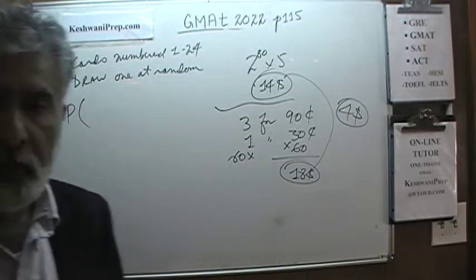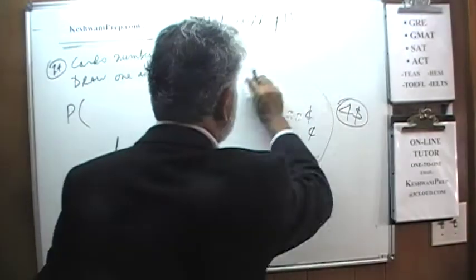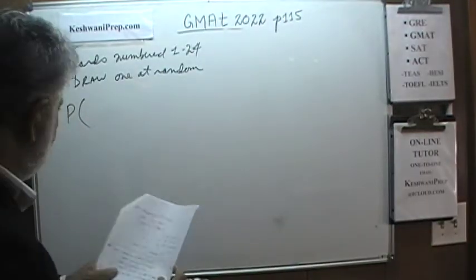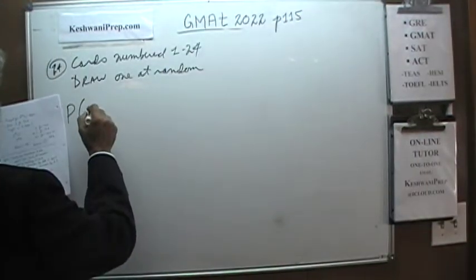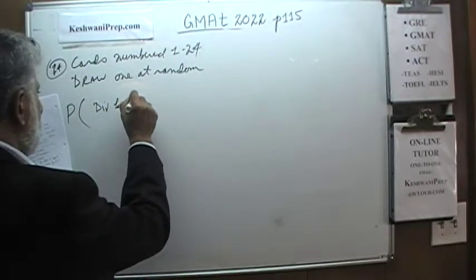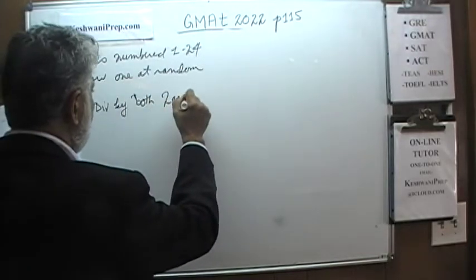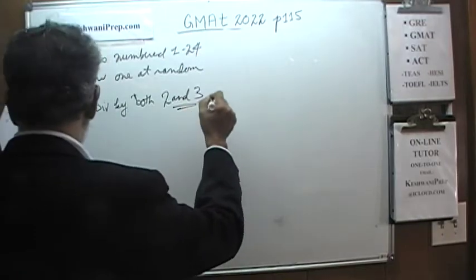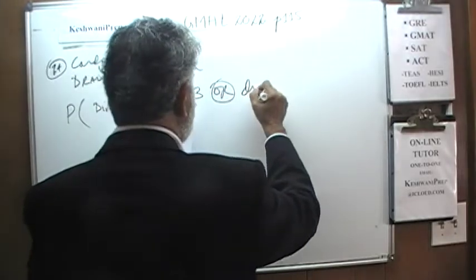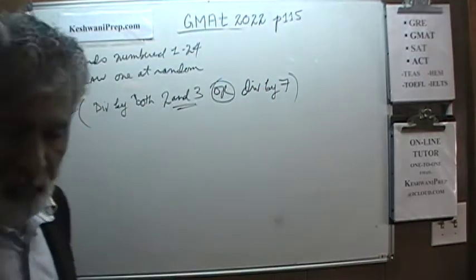What's the probability that the card we're going to choose is divisible by both 2 and 3, or divisible by 7.